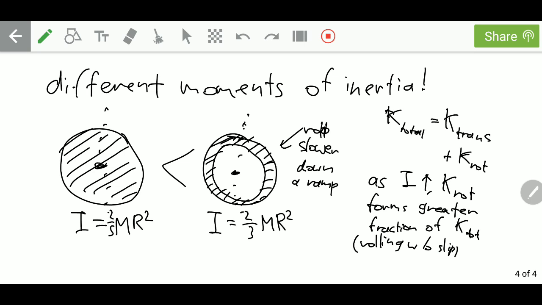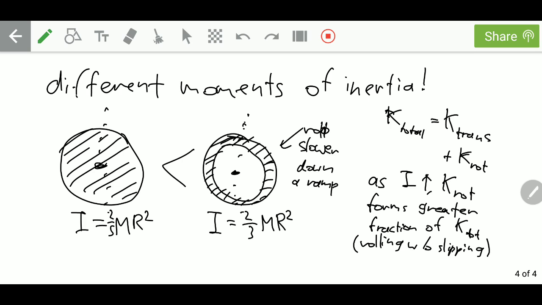And so as these two objects roll down a ramp, at any given point both of them have acquired the same kinetic energy due to the change in height. But for the hollow sphere, K rotational will take up a greater fraction of the total kinetic energy, so K translational will be less, meaning that its center of mass will have to move at a slower speed, and thus it will go down the ramp slower.